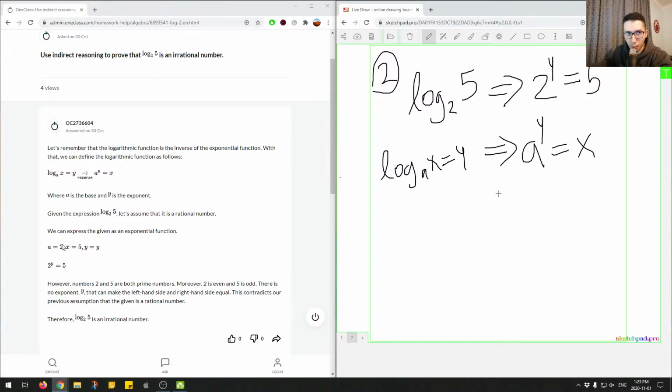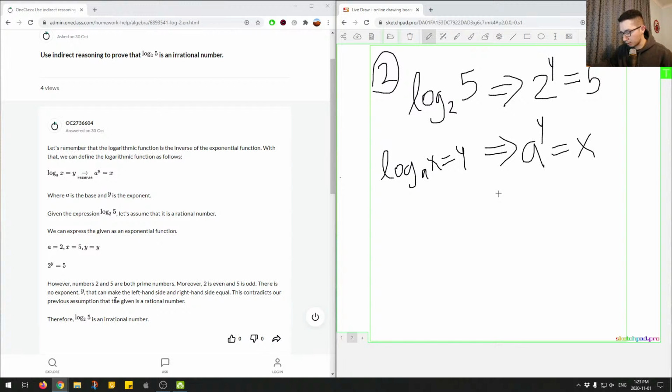So a rational number for y would be like 1, 2, 3, or any ratio of 2 integers. So it could be a fraction or anything else. But in this scenario, because you can't plug that in for y, you know that log 2 5 is an irrational number.